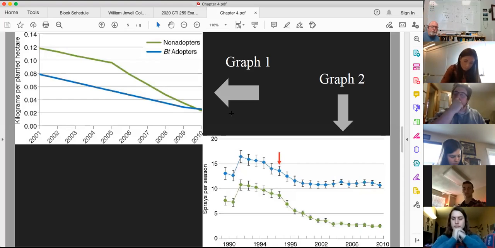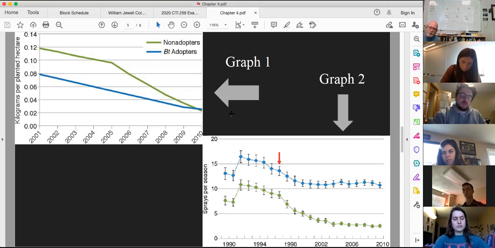This is where I thought you were going to be going, Blair, and then you went off in a different direction. And so the overall population is lower, so everybody requires less insecticide because of those individuals who adopted the BT crops.